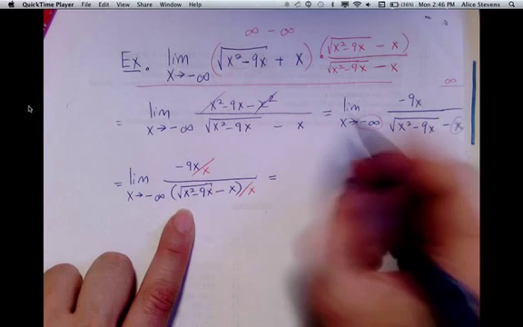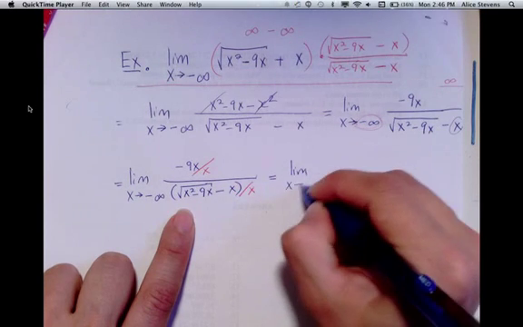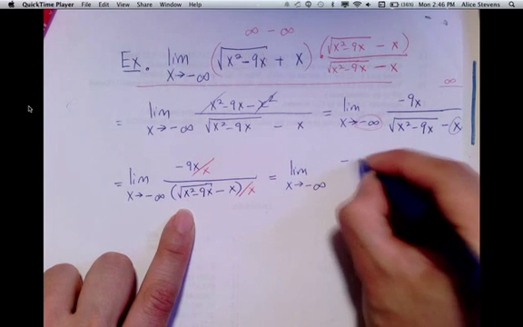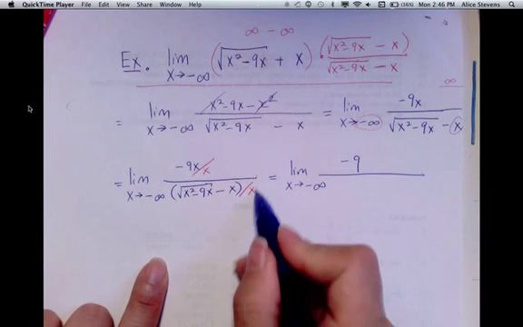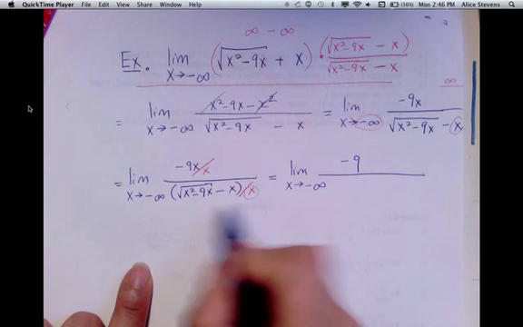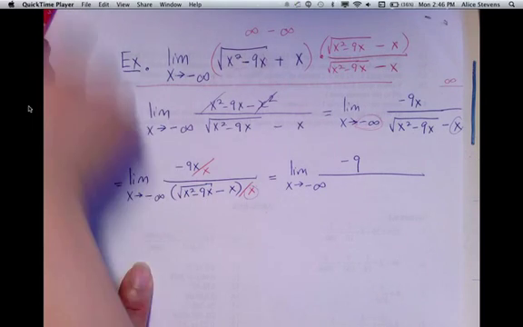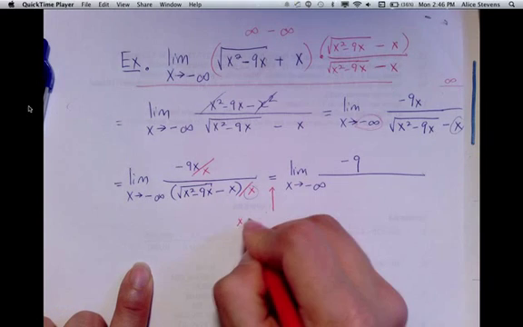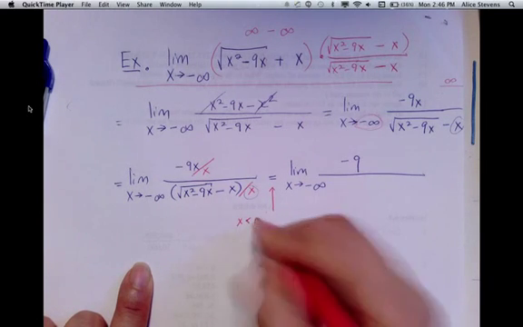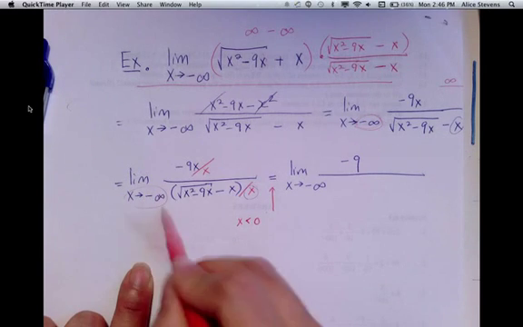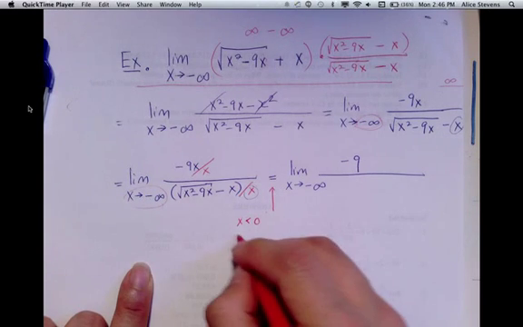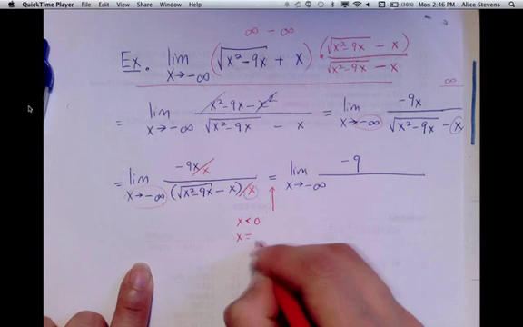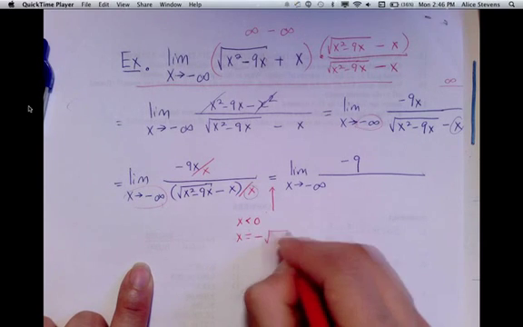so in the numerator I am going to get negative 9. In the denominator I'm going to want to pull this into the root. So I'm going to rewrite my negative x. So my x is a negative number, which implies that x is equal to the negative square root of x squared.